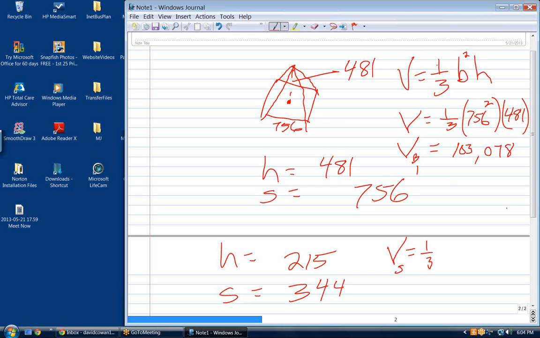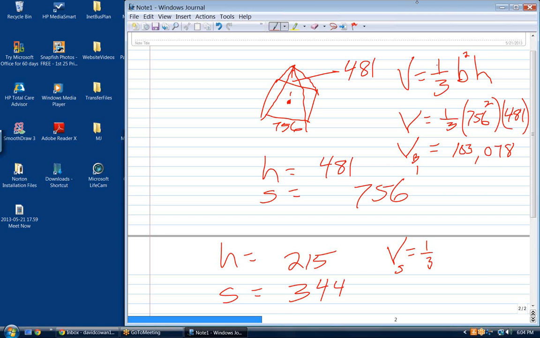Oh, okay. So, let's see here. Let me do it real quick on my calculator. Actually, let me get my other calculator and do it.